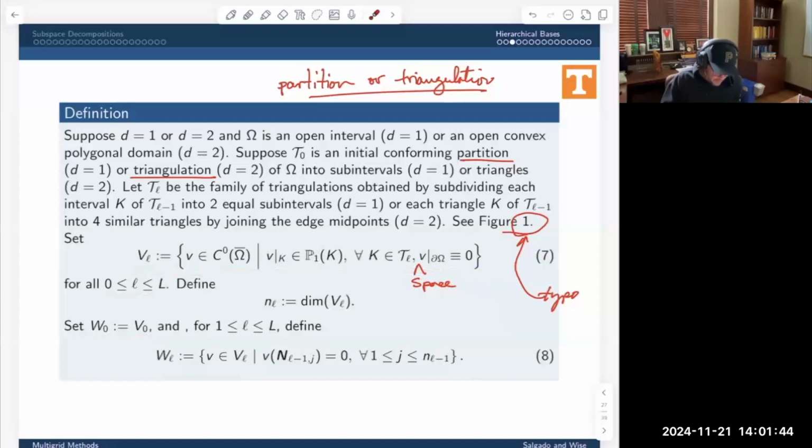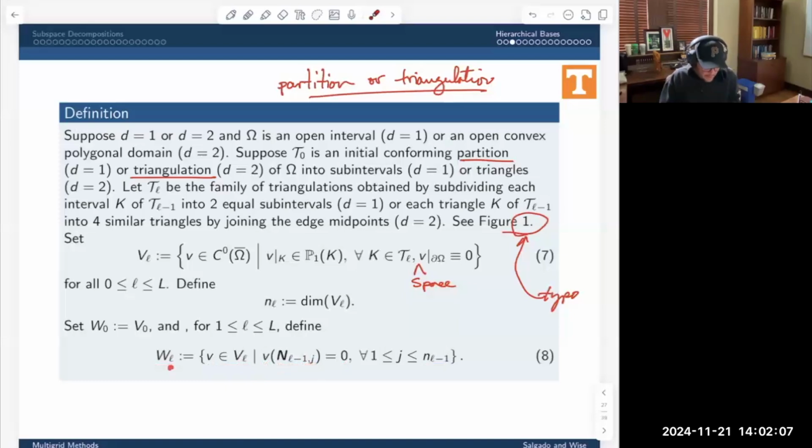So I'm going to take WL to be the set of all V in VL such that V at certain nodes are equal to 0 for all j between 1 and NL minus 1. Now, what nodes am I going to use? These are the set of nodes, but at the lower level.